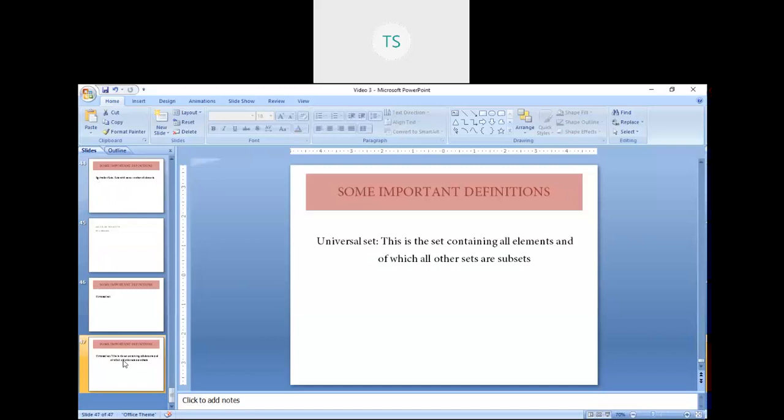So always remember, the universal set is the bigger set and all the other sets are subsets. Are you clear about the universal set? Yes, ma'am.